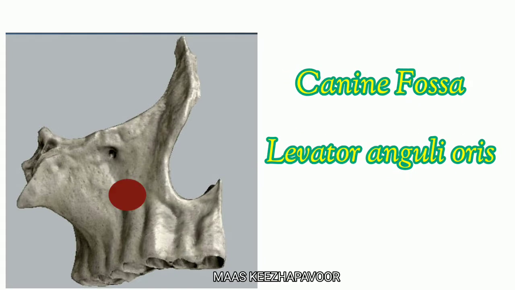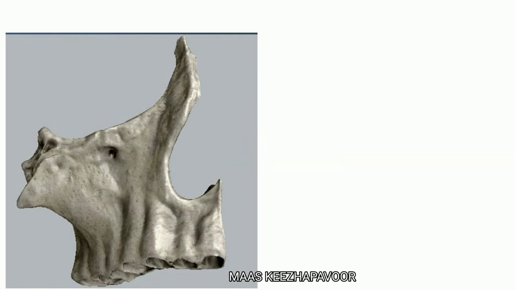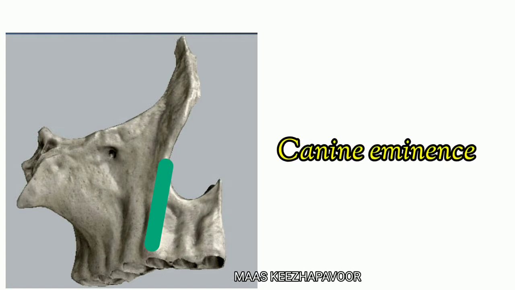Above the socket for the canine is the canine fossa. This is the thinnest part of the maxilla. The canine fossa is located just below the infraorbital foramen. The muscle attached here is the levator anguli oris. The incisive and canine fossae are separated by the canine eminence.